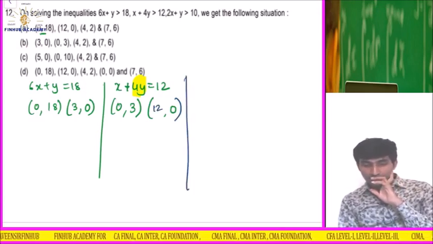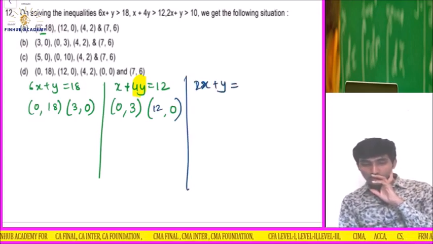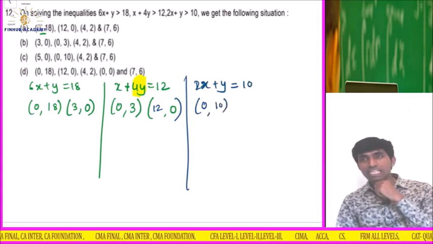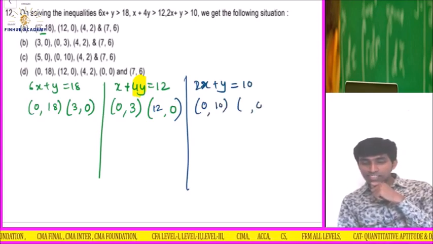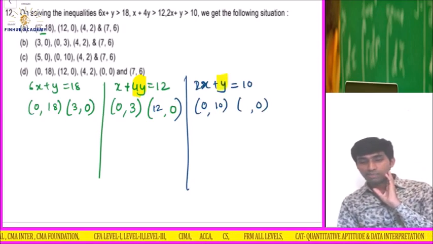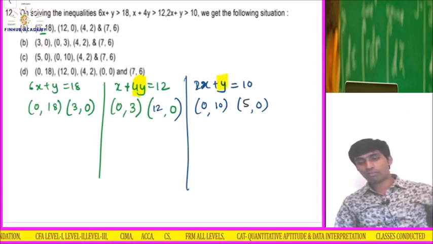Here I'll write 2x plus y is equals to 10. If x is 0, then y is equals to 10. And if y is 0, then 2x is equals to 10, so x becomes 5. So 5 comma 0.